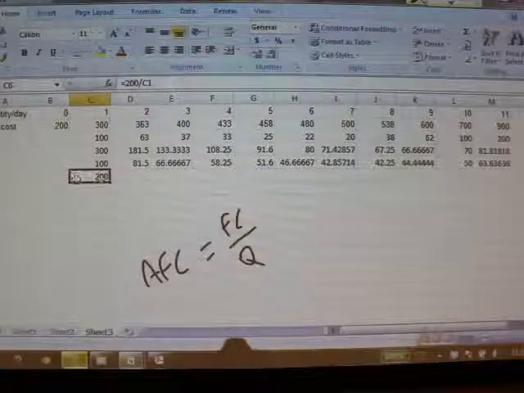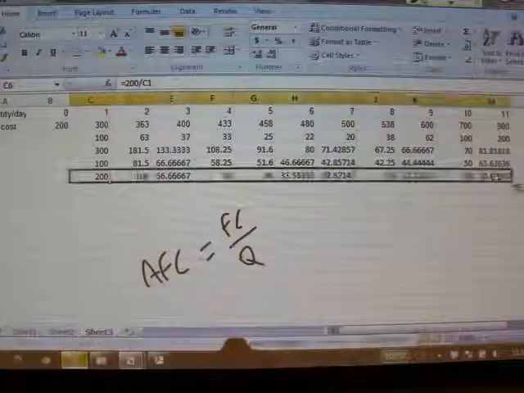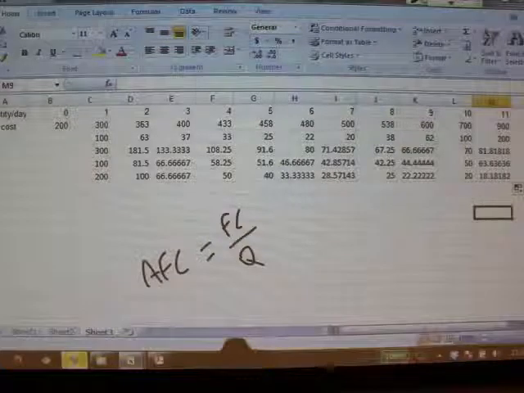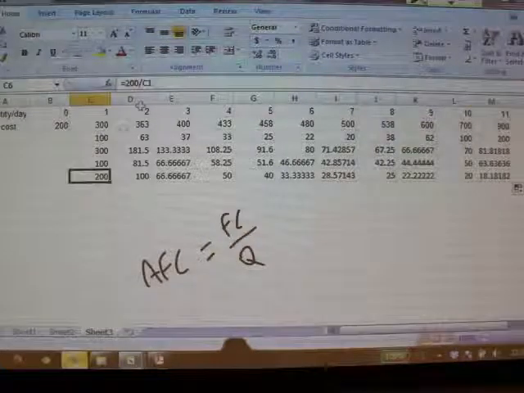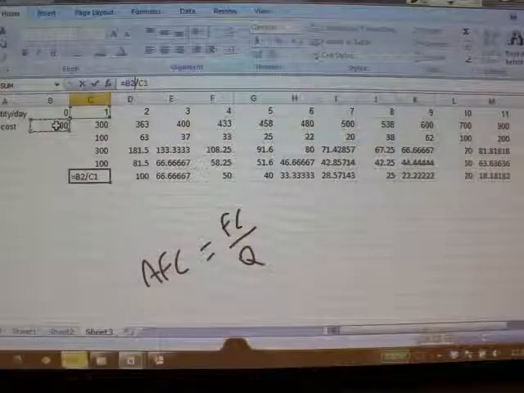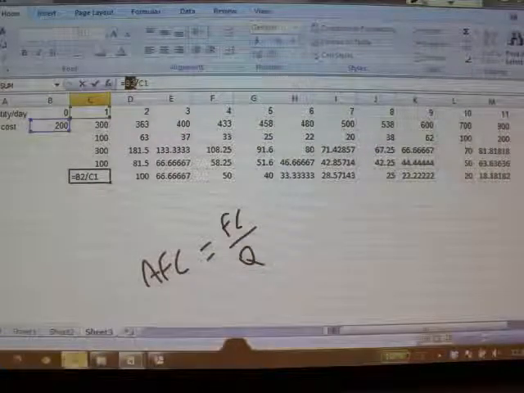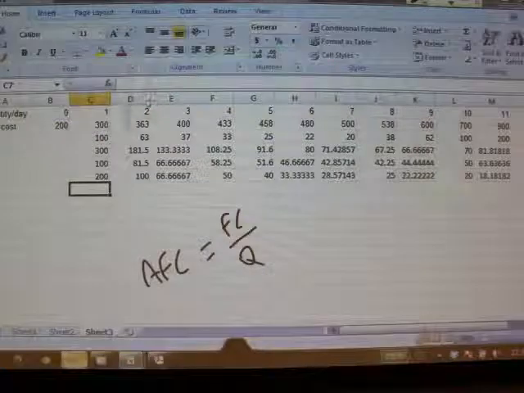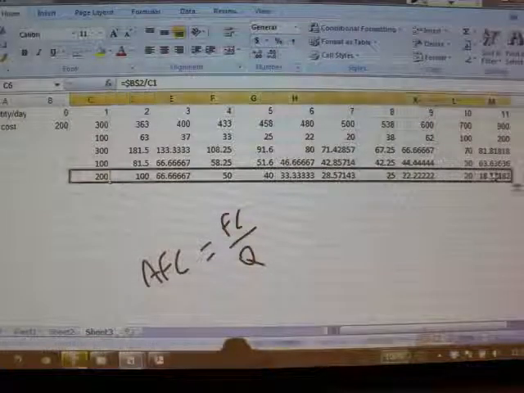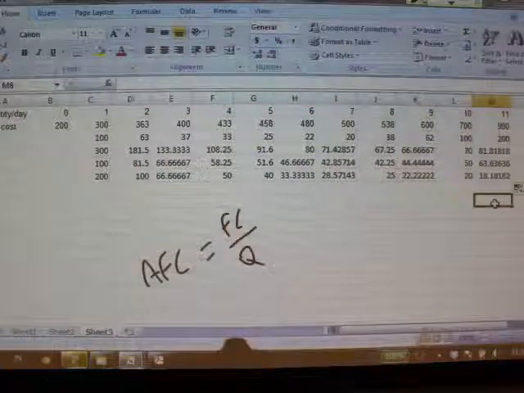And we see that average fixed costs fall over all units of output. Another way we could do this is, rather than just saying 200, we could type B2 and then use cell referencing. I admit that it's not any easier to do it this way here, but it does highlight that useful skill.